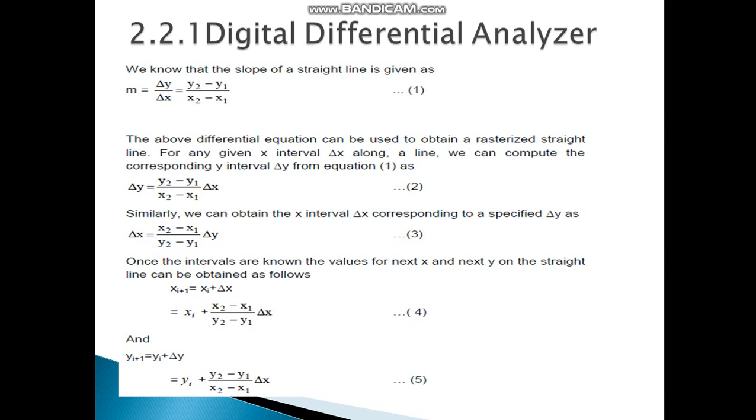Before understanding the DDA algorithm, we must understand what a line is and how it is defined first. So in this lecture, I want to explain the introduction part of this DDA, and after that the algorithm, and after that an example.